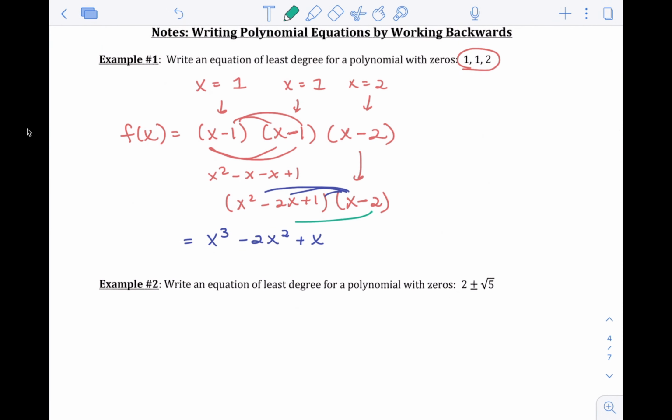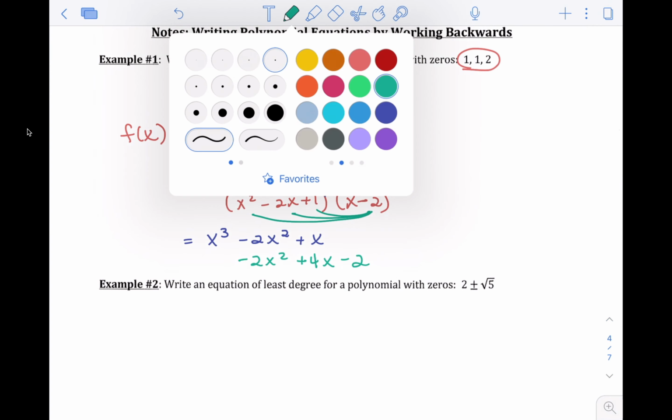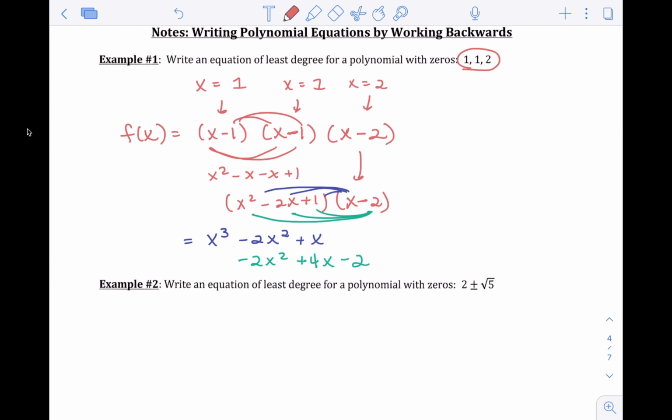We distribute the negative 2 all the way through, and we have another negative 2x squared plus 4x and minus 2. Remember that you have to simply combine like terms.